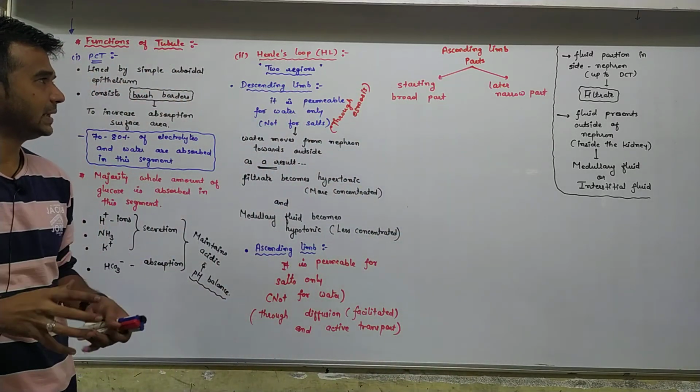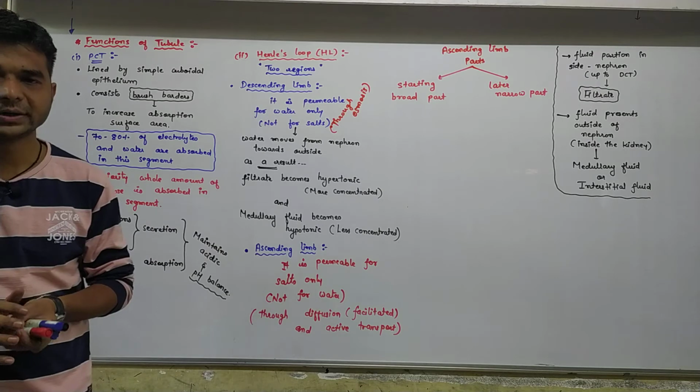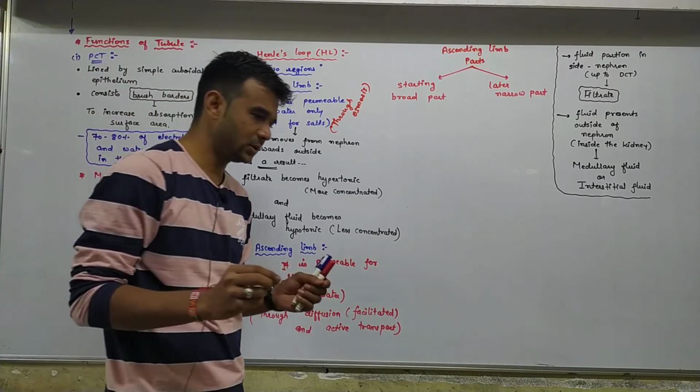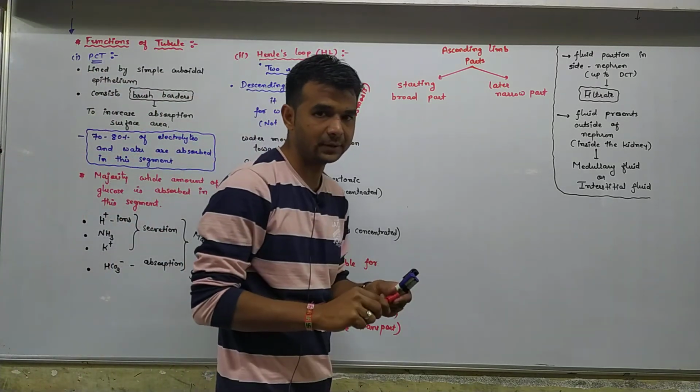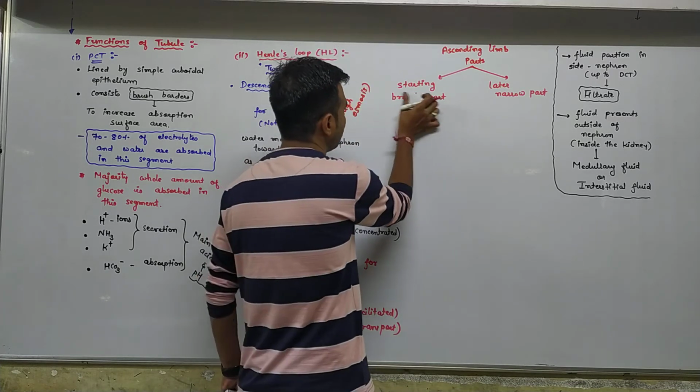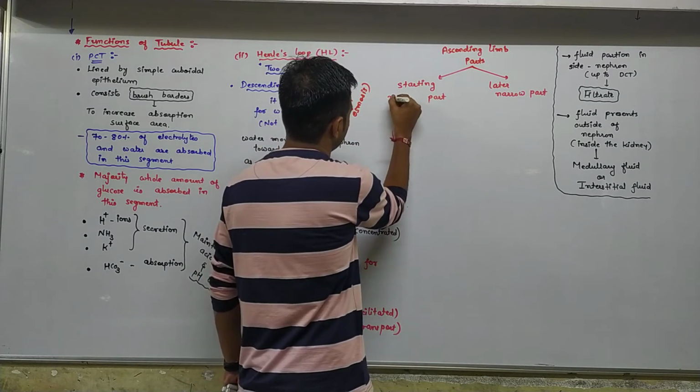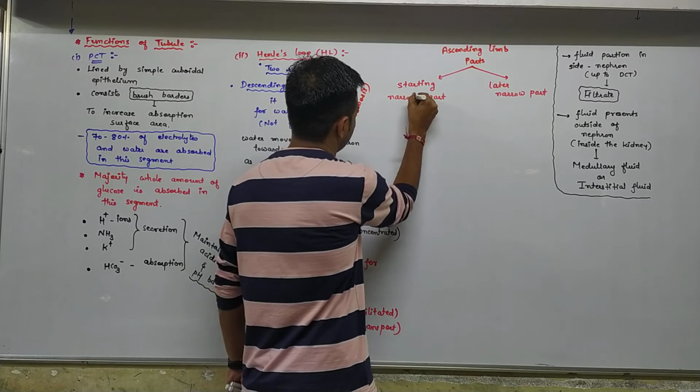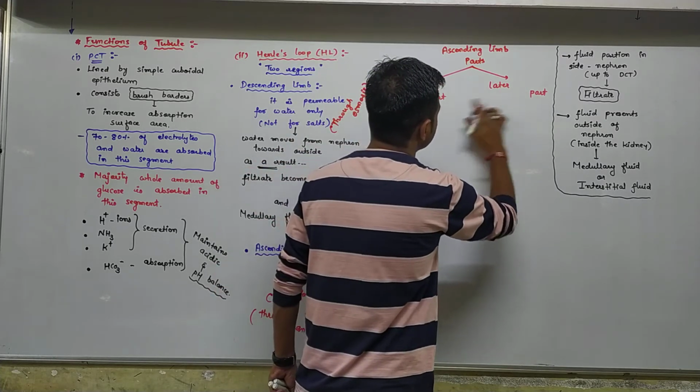So in the ascending limb, the starting part is broad and then later on, sorry, my mistake here, the starting part is narrow and later on the broad part is there.